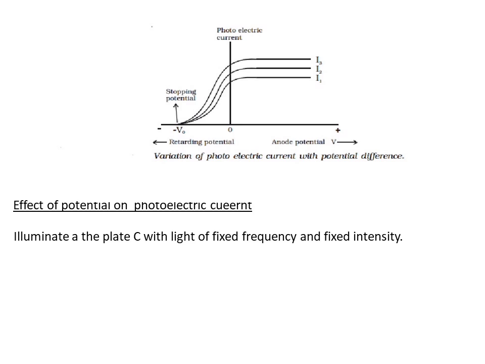Illuminate the plate C with light of fixed frequency and fixed intensity. We can see that for intensity I1, as the anode potential increases, photoelectric current increases at first, after which it remains constant.